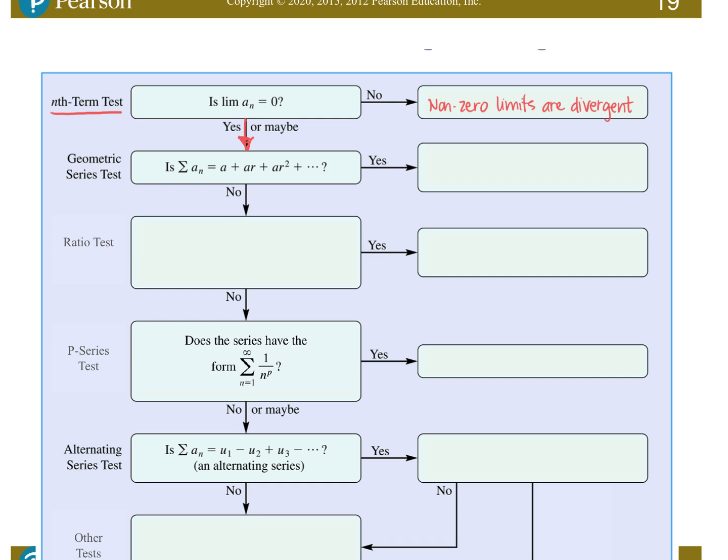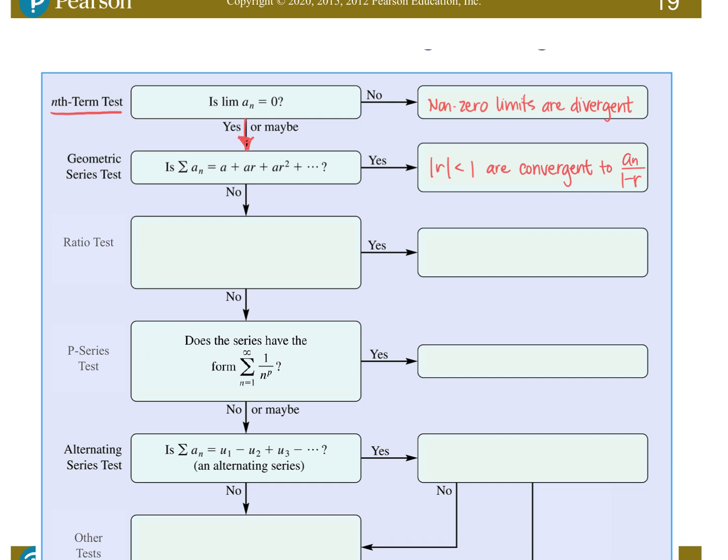The next one I feel is always good to look at is to recognize: is it a geometric series? And if the answer is yes, then if the absolute value of r is less than 1, so r is between -1 and 1, those are convergent, and specifically convergent to a sub n over 1 minus r.